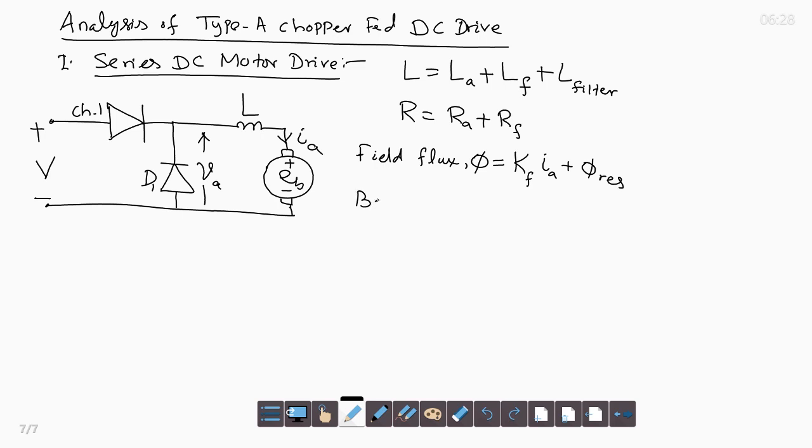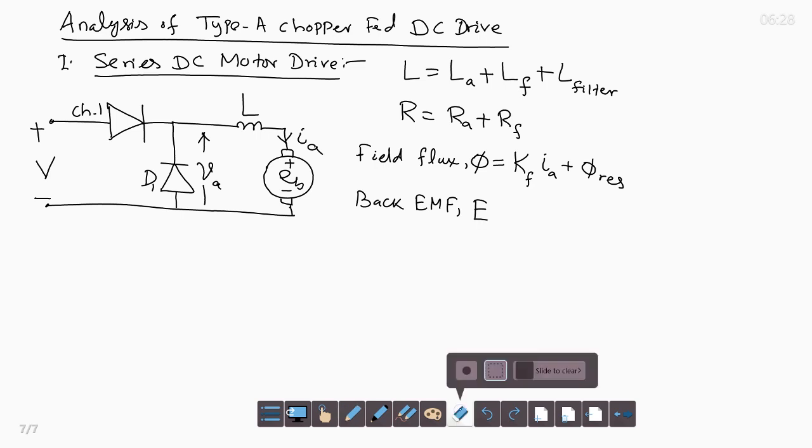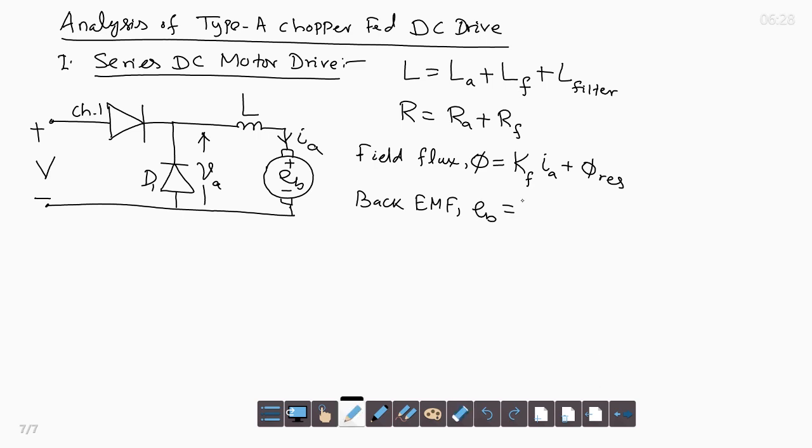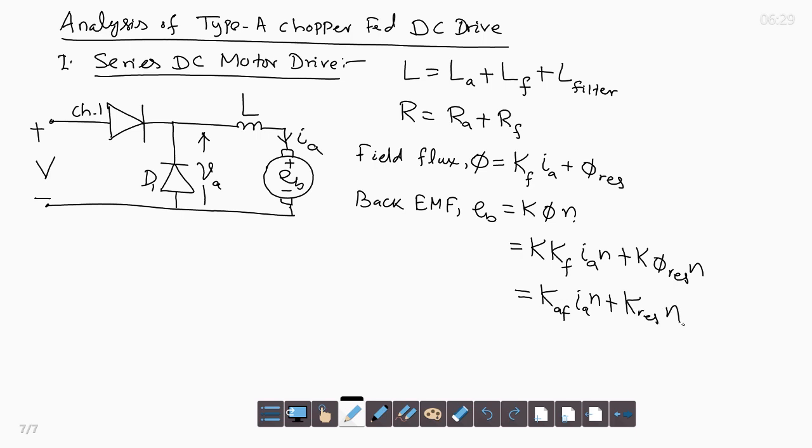So what is the back EMF? EB is K phi into N, K phi N, that is Kf Ia N plus K phi residual into N. Let us write it as Kaf into Ia into N plus K residual into N, where Kaf is K into Kf and K residual is K into phi residual.